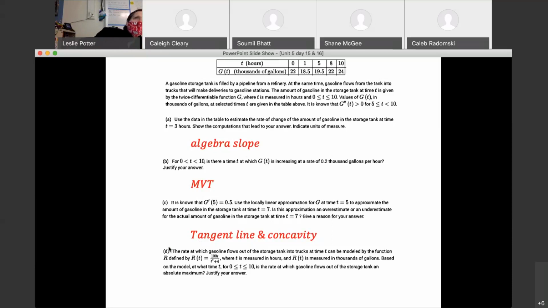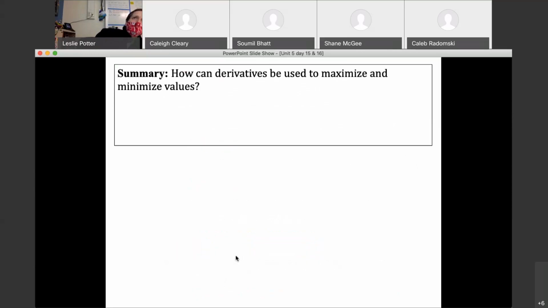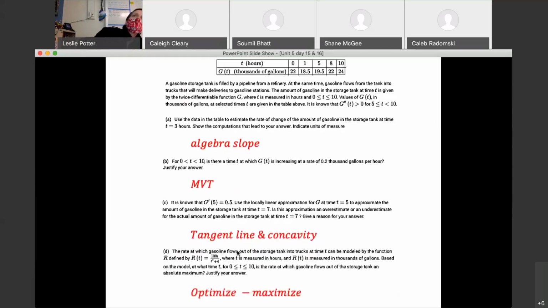And now we finally have a function. Looks like a ratio, so we might need a quotient rule there. Oh, that's a bummer, you can't see what's written beneath it.